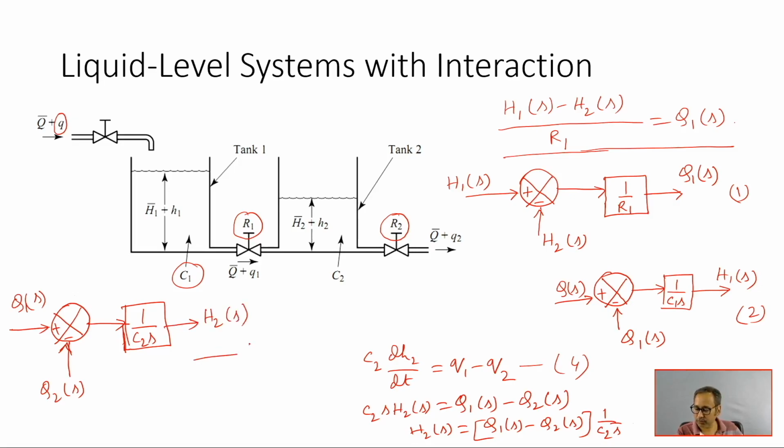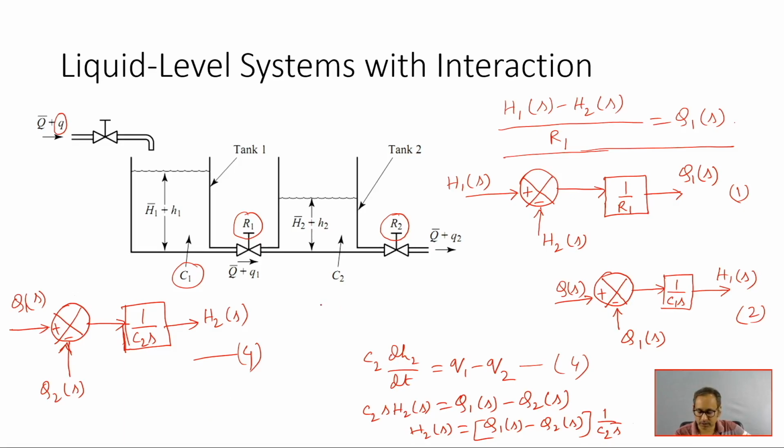So, this is from equation 4. Okay. So, Q(s), Q1, this is from equation 1, this is from equation 2, and where is equation 3? I think that is deleted.